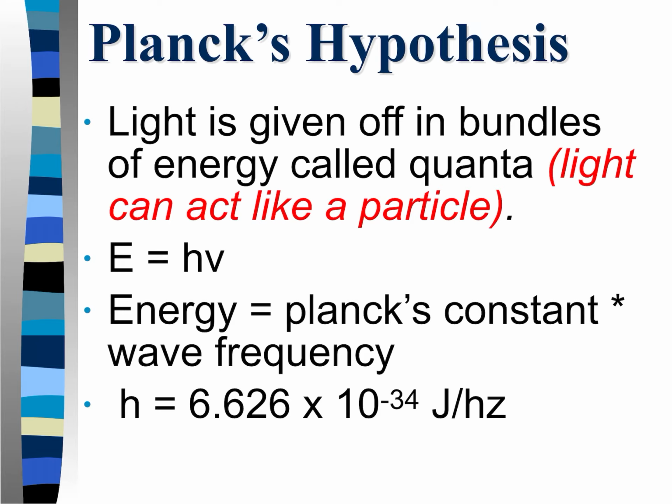It's Morgan Freeman. So anyway, light is given off in bundles of energy called quanta. In other words, light can act like a particle. Now, quanta is what we call an exchange particle. Forces all have exchange particles, one way of translating the force from one thing to another.